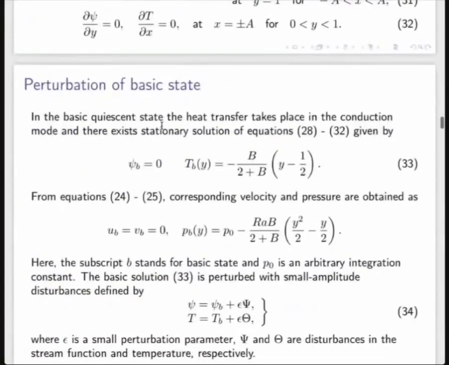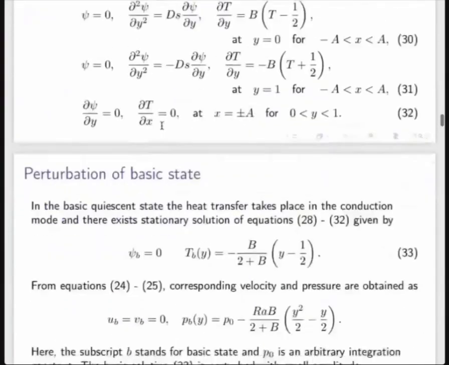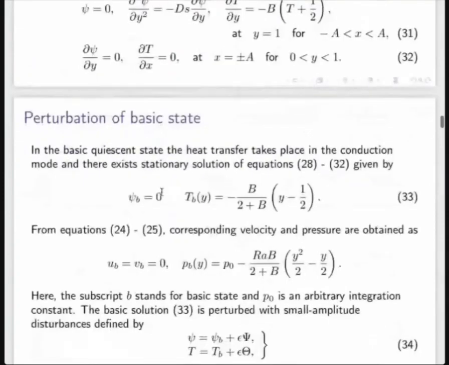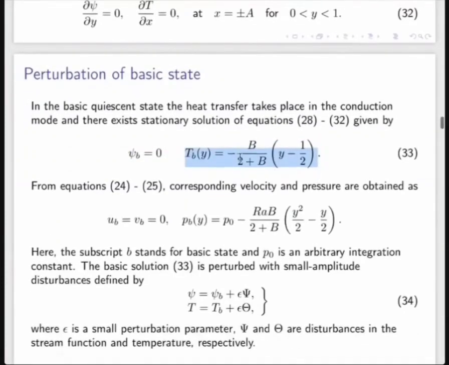Now we perturb the system which is in the basic state, which is the quiescent state, and in the basic state the heat transport will be taking place in the form of conduction. And since the state is quiescent, the velocities are zero. There is no flow before the convection starts.